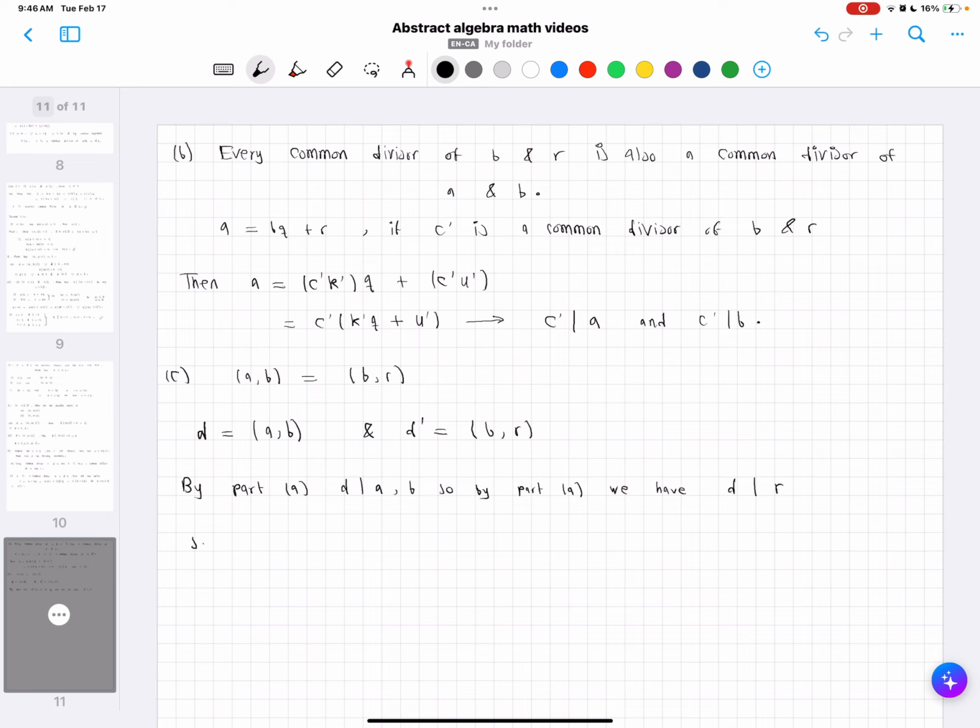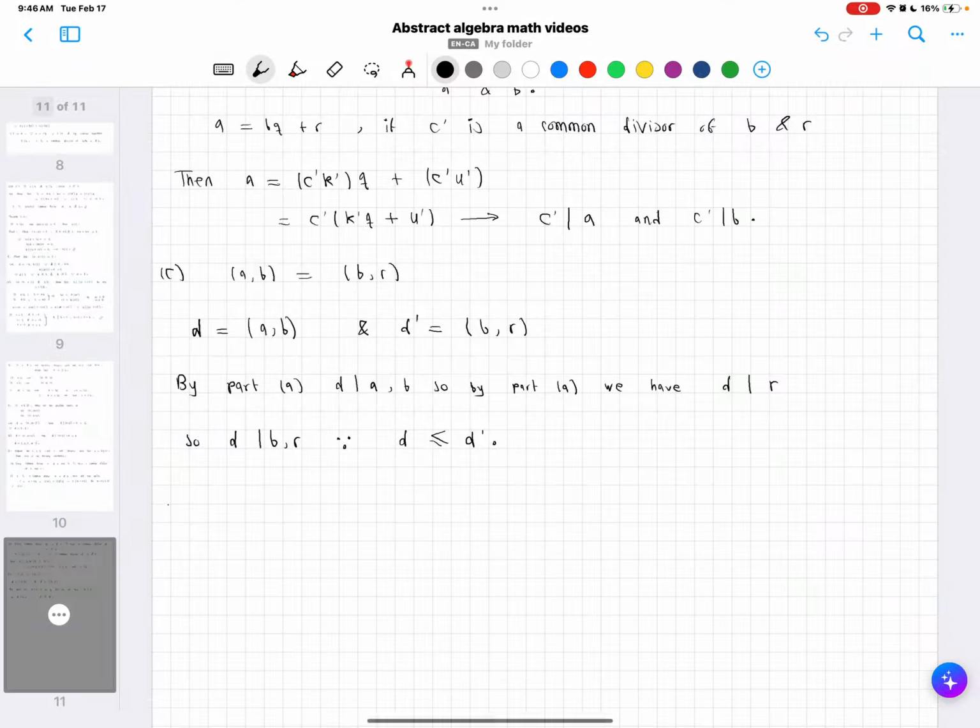So D divides B and R. Because D prime is the greatest common divisor of B and R, in particular, we must have that D is less than or equal to D prime.